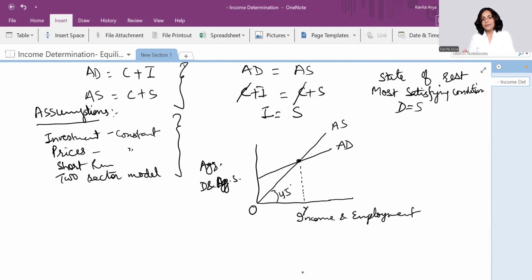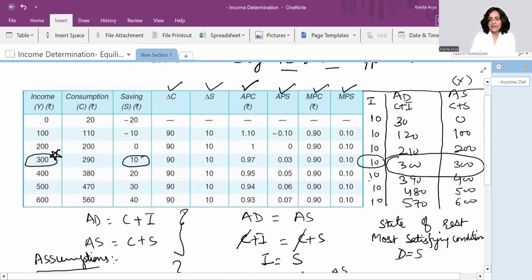What happens before AD is equal to AS and after AD is equal to AS? Before this, AD is up, so AD is greater than AS. And after this, we have the situation of AD lesser than AS, meaning AS is outgrowing AD. We can see this from the schedule as well.